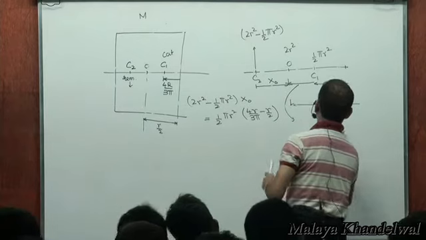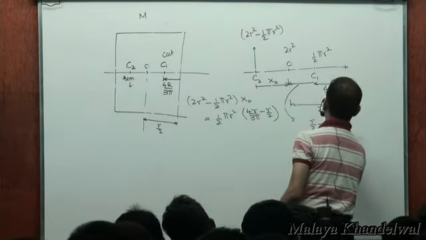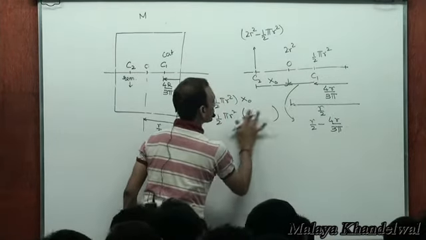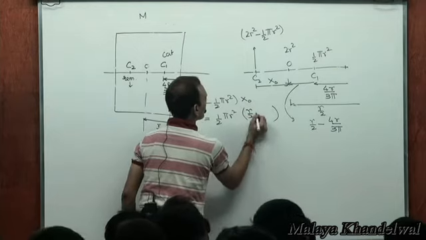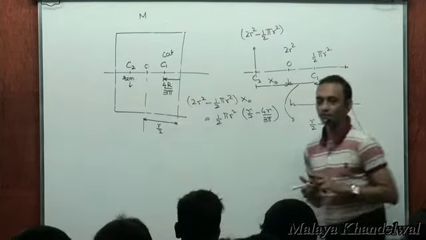Sorry, this is r by 2 minus 4r by 3 pi. Right.